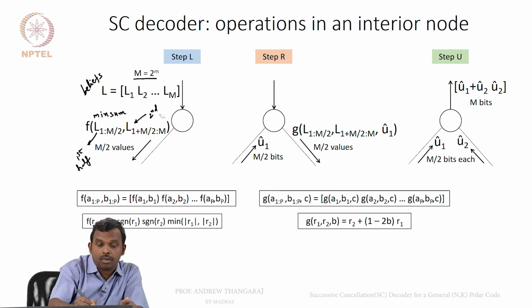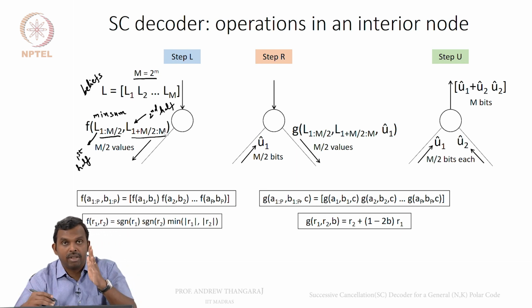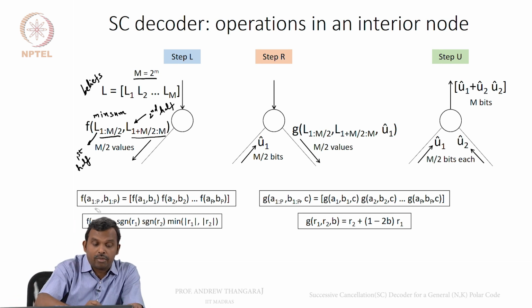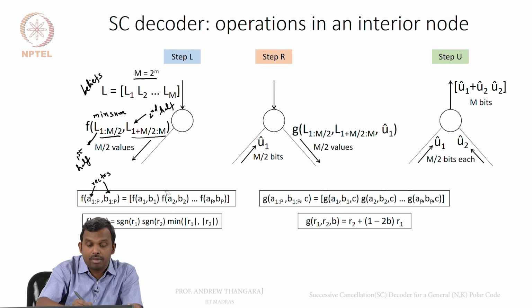You can see the indices here: they go from 1 to m by 2, and then from m by 2 plus 1 all the way up to m. So it divides it into the first half and the second half, and it does min sum. f represents min sum coordinate-wise. So here is what I have done: if you have 2 vectors of the same length, when you do min sum f on the 2 vectors, I simply apply the min sum coordinate-wise.